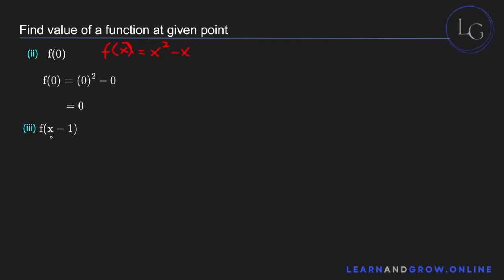Now, here's another one. f of x minus 1. And like I said earlier, the simple way to solve this is to replace this x and this x with whatever is in the bracket, and that is x minus 1, right? So this becomes x minus 1 whole square, and this becomes x minus 1.